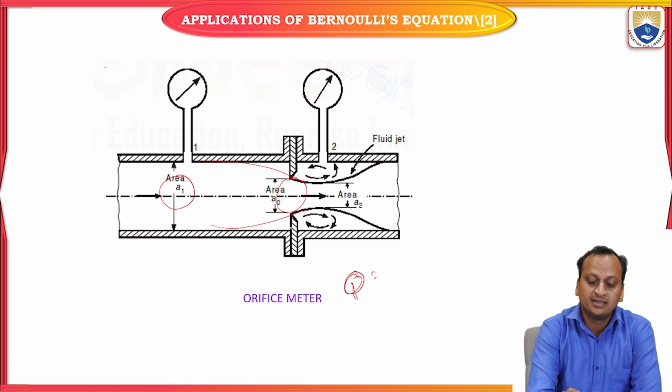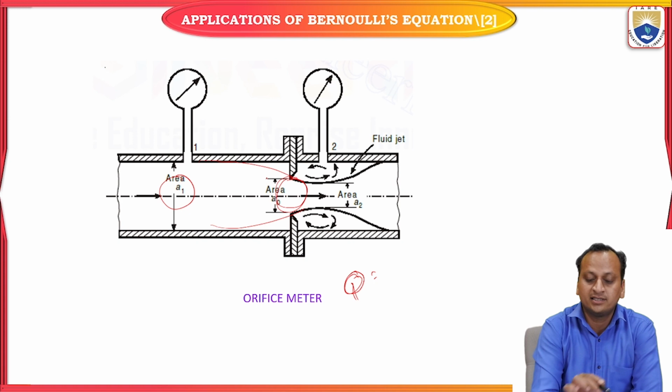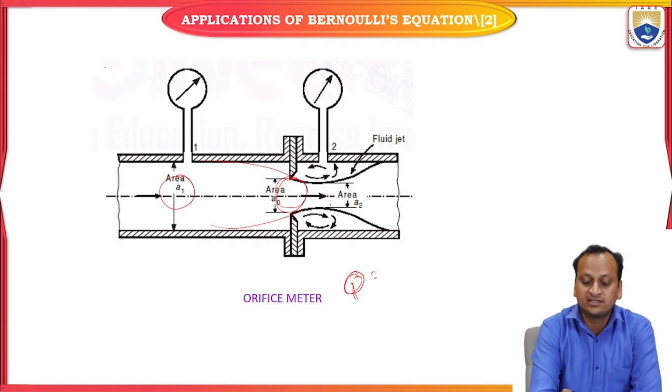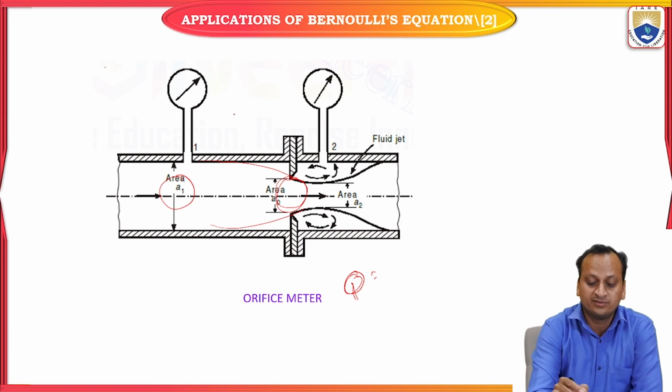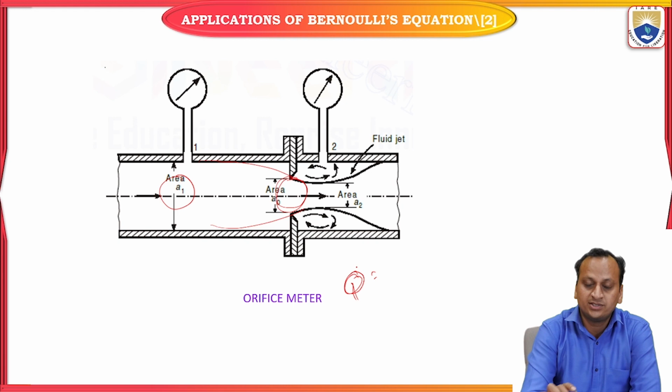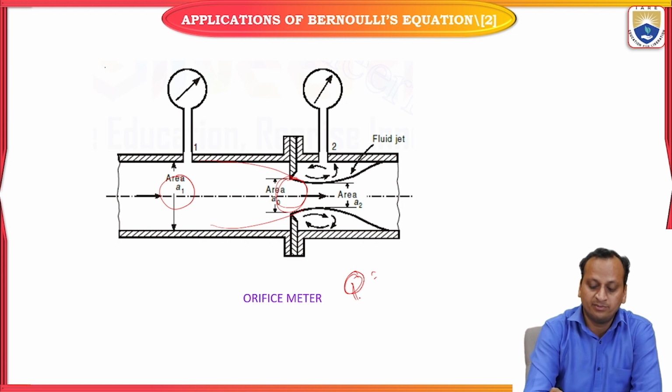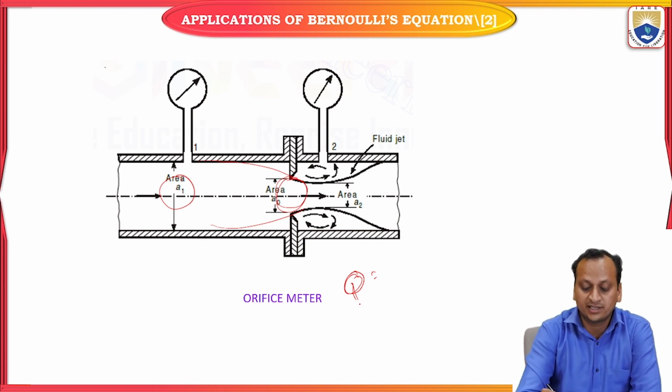Once after flowing through this orifice, through this small slit, the velocity will be increasing at this point, but the pressure will be decreased. So due to this pressure difference, we are measuring it and utilizing it for measurement of discharge. To measure the rate of flow, we need an expression for that.